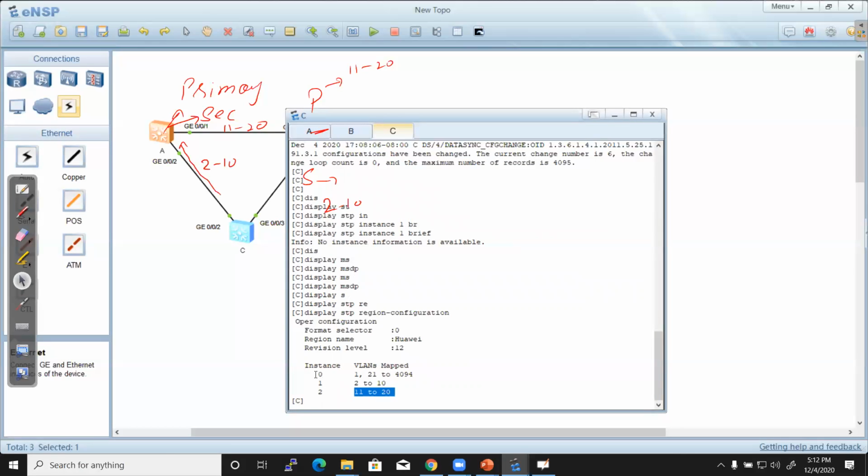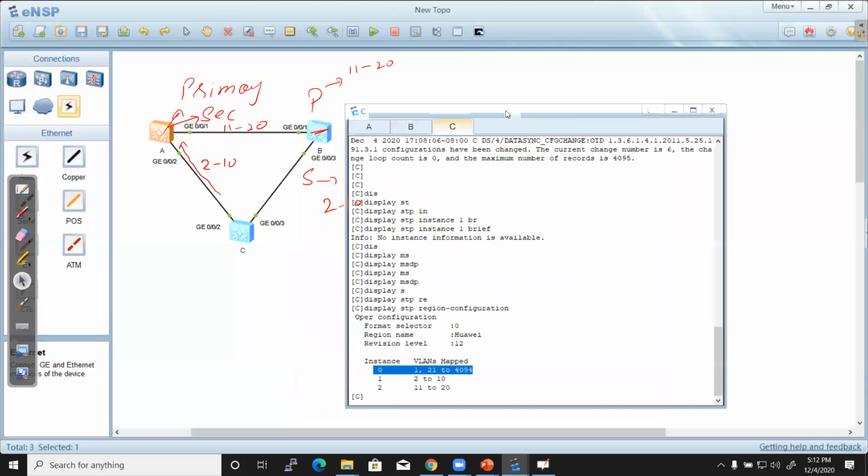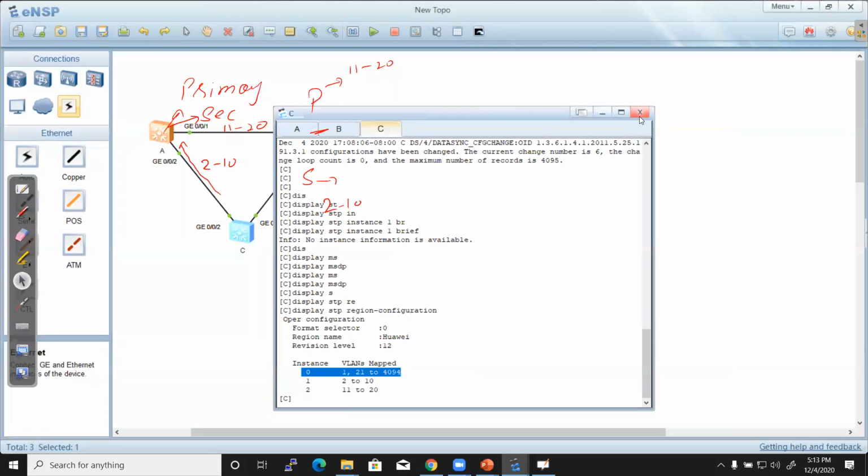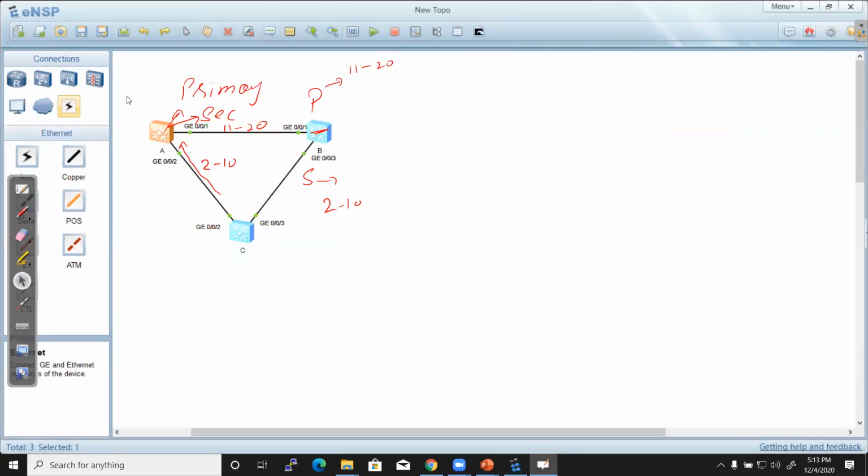And by default, there is MSTI 0, instance 0, and all the VLANs are mapped into instance 0. So we have done all the configurations, but we are not able to see the results. But you can do it on your own. If you start the topology from the beginning, you will be able to see the result. I have a lot of things to do.